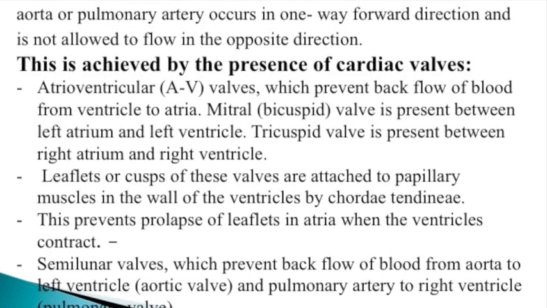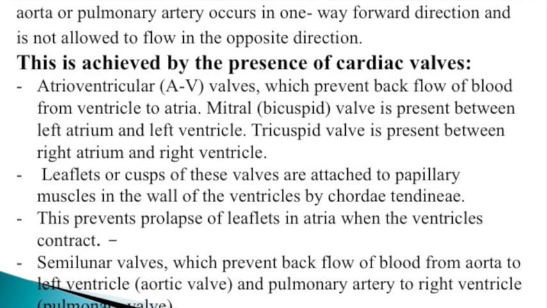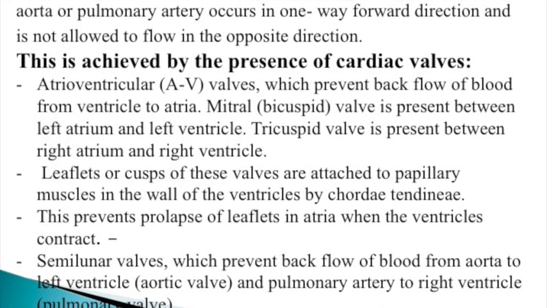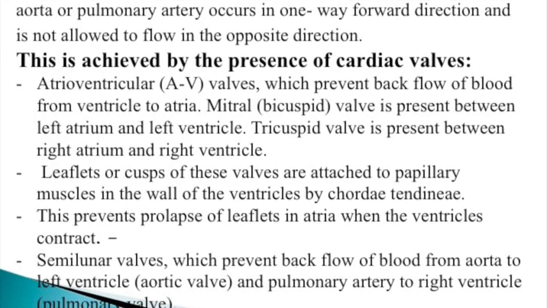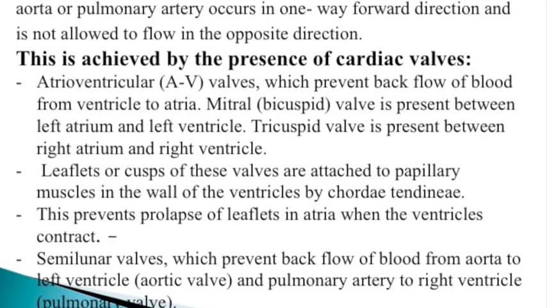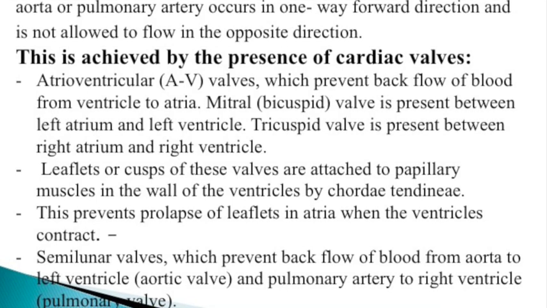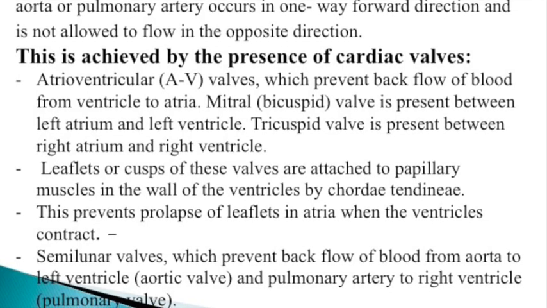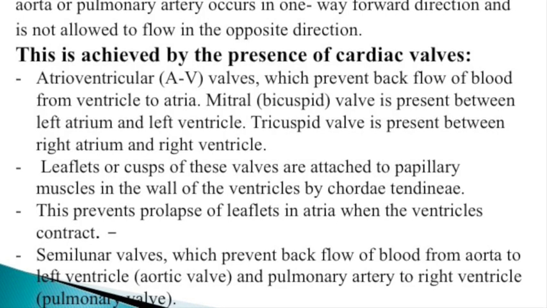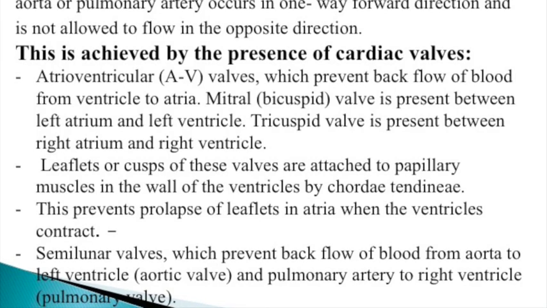The mitral valve in particular is a bicuspid valve; it has two cusps, two leaflets only. This mitral bicuspid valve is present between the left atrium and the left ventricle, while the tricuspid valve is present between the right atrium and the right ventricle.